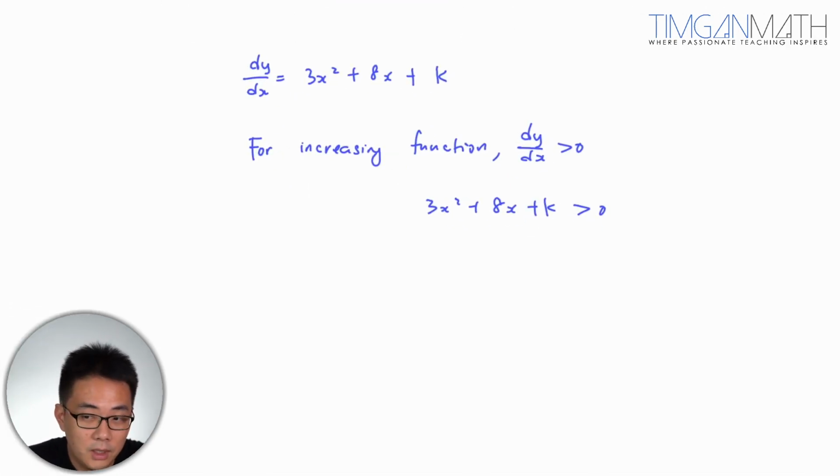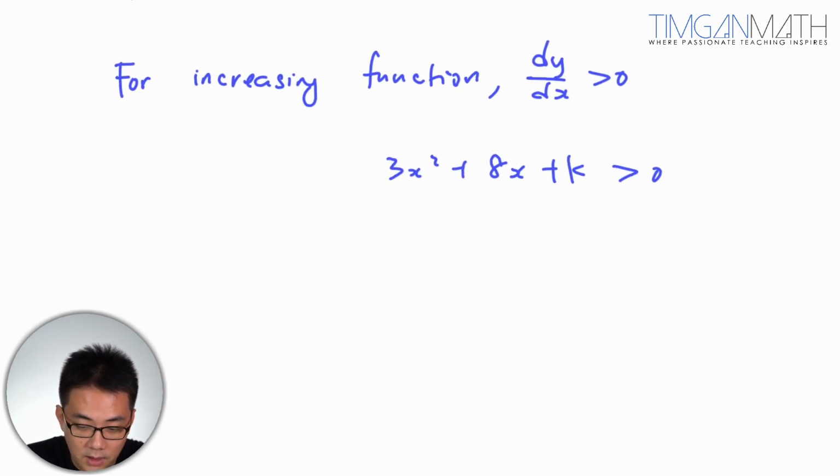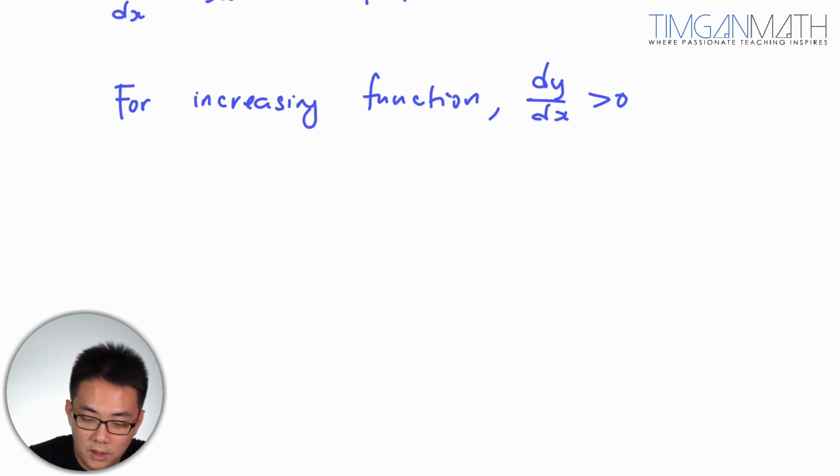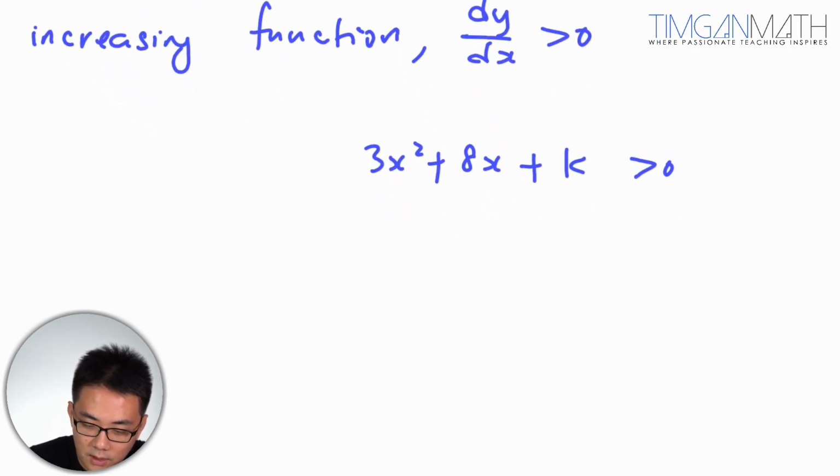Then we have to solve this inequality here, but this goes back to Secondary 3, last year's knowledge of solving inequalities. What you need here is, this means that this function is always positive. I think this is where students usually find it very hard to understand.